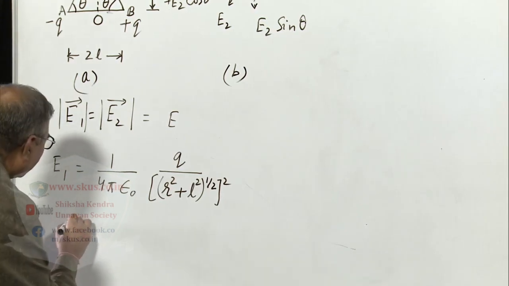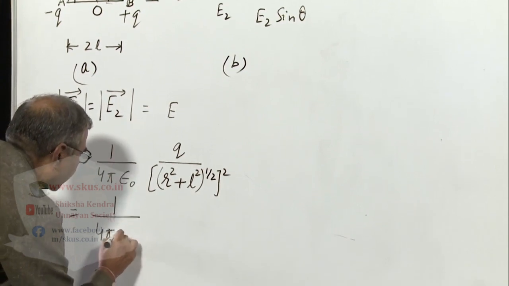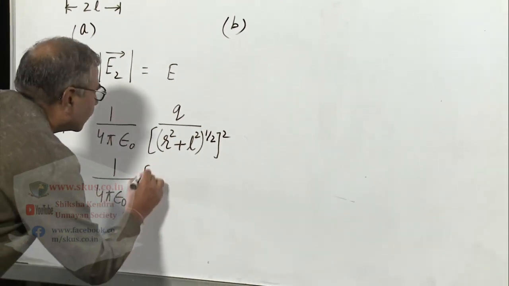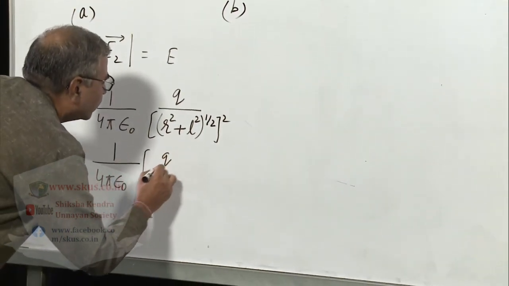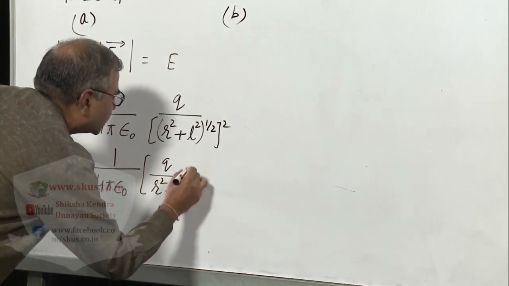So, the expression will be 1 upon 4 pi epsilon naught q upon r square plus L square.